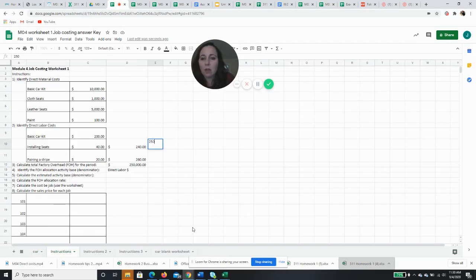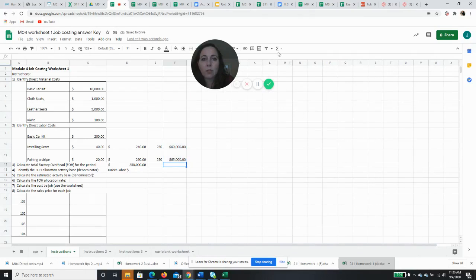So if I just multiply these, my direct labor cost for a car without the racing stripe times the 250 we expect to make, and my direct labor dollars with a racing stripe times the amount I expect to make. And that tells me, let's go ahead and format this column as well. There we go.